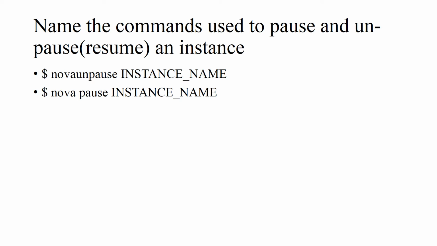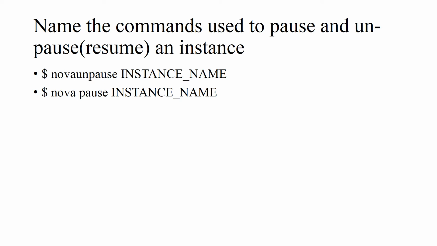What are the commands that are used to pause and unpause or resume an instance? If you have used the AWS platform to create the instance, then you must be familiar with these commands.